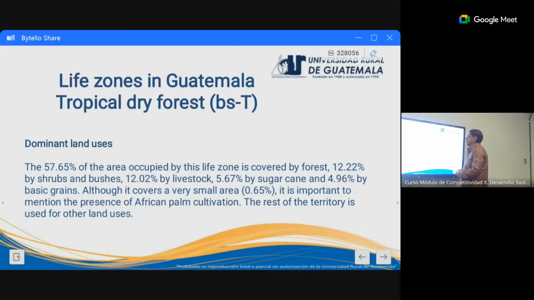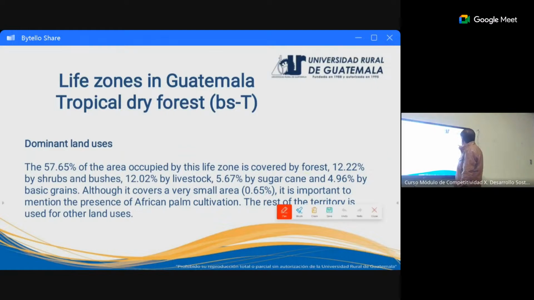Now we are analyzing the dominant land uses for the tropical dry forest. 57.65% of the area is occupied by this life zone, and it is covered by forests. Okay, let me turn on my pen. Covered by forest, we're talking about 57% approximately.